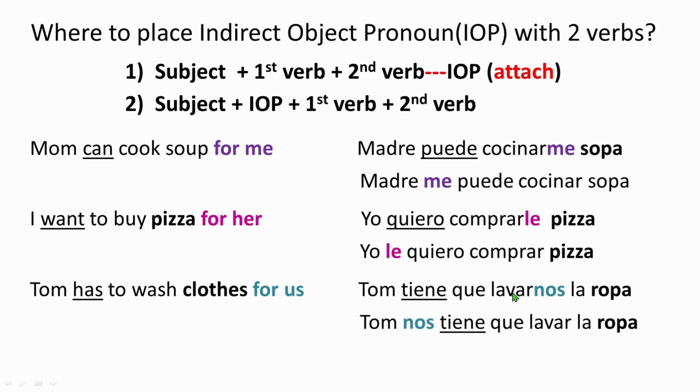And lavar is the second verb, which is wash, and we attach nos. Okay, perfect. Or you can say, Tom nos tiene que lavar la ropa. Okay, if you're not aware of making this sort of sentence with two verbs, I've dropped the link in the description below. You can check it out.